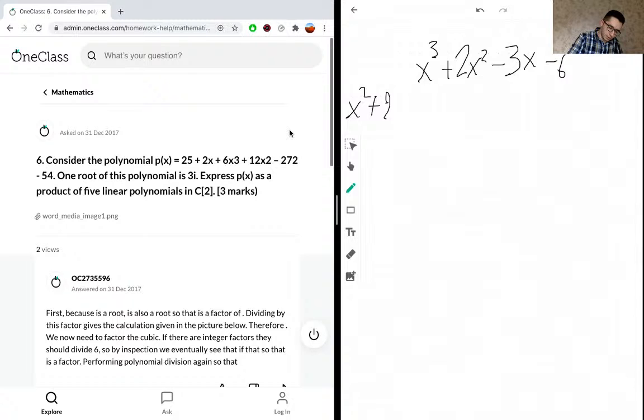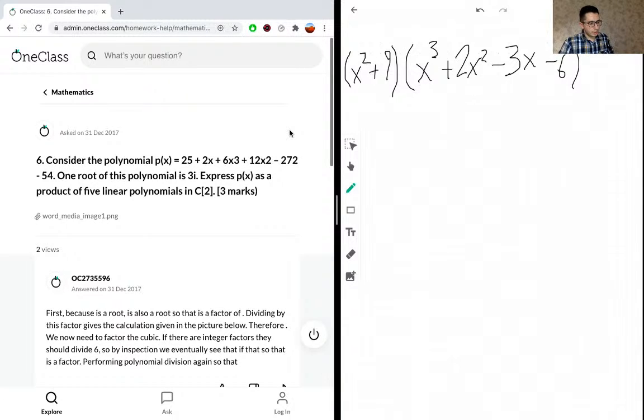So we're left with this function, put it in bracket, and we'll erase this and put it up here. So we know this function is equivalent to the given function at the very beginning. We have x squared plus 9 multiplied by x cubed plus 2x squared minus 3x minus 6.